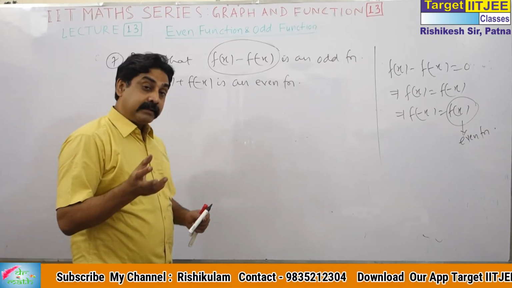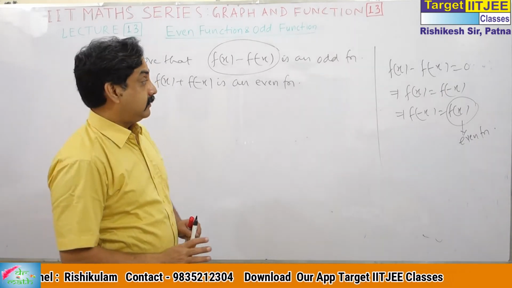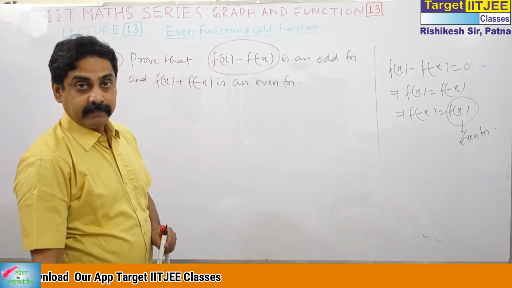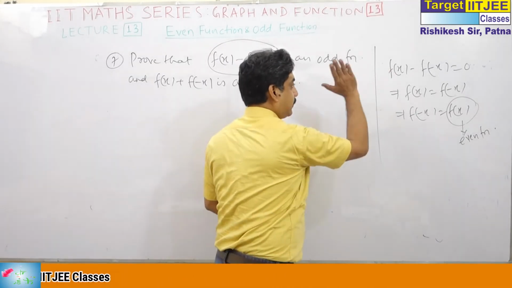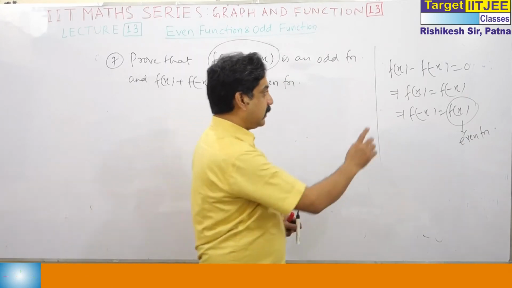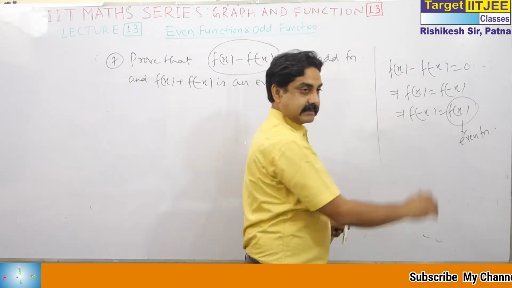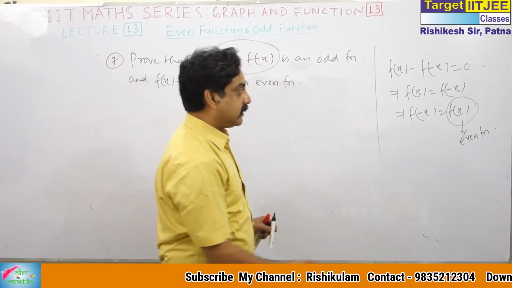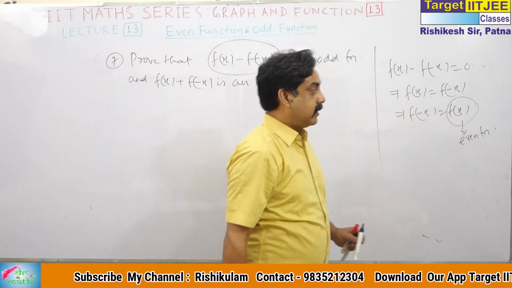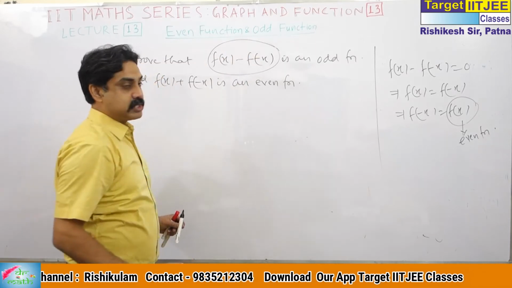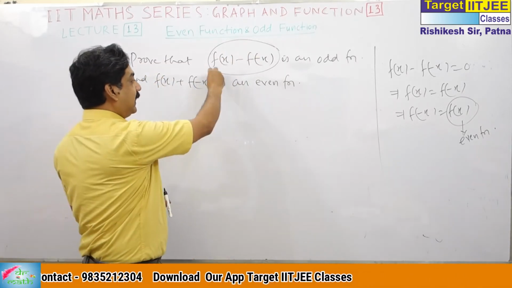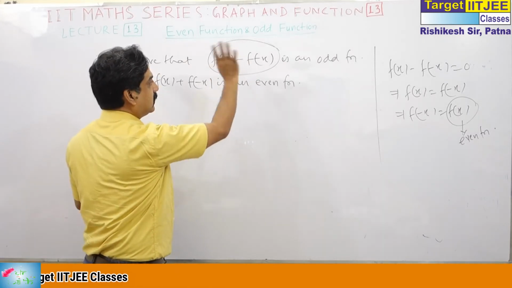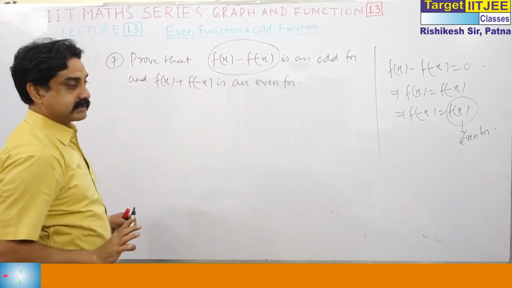If you are getting this confusion, then try to see the question in another way. This is correct. In this, we are talking about fx, not about the whole, and in this case this is equal to 0. But this is the complete function, so I am not taking out fx here. When we equate this to 0, it is correct, this is an even function. But I am not talking about that.